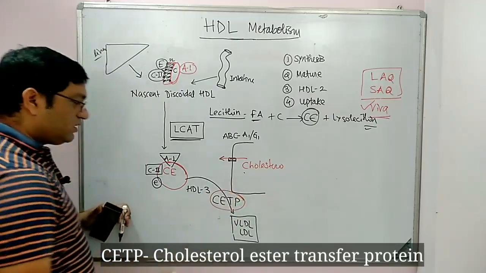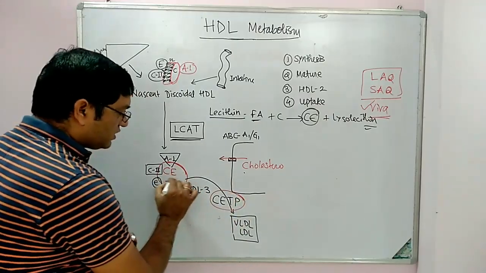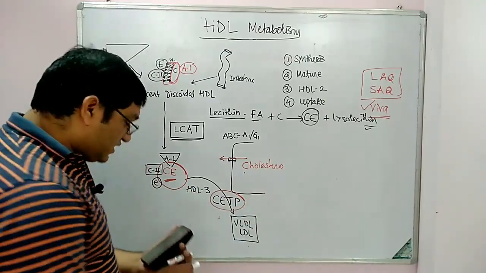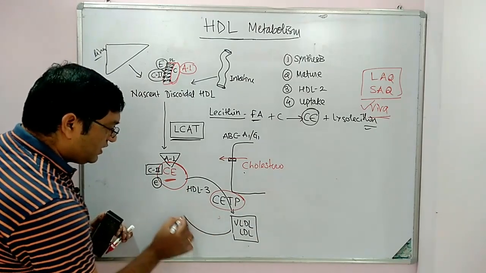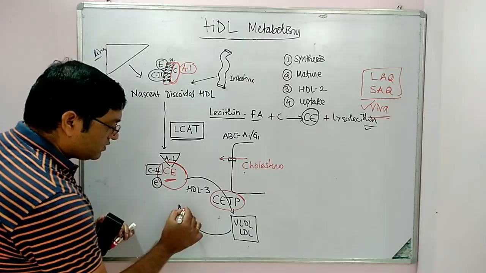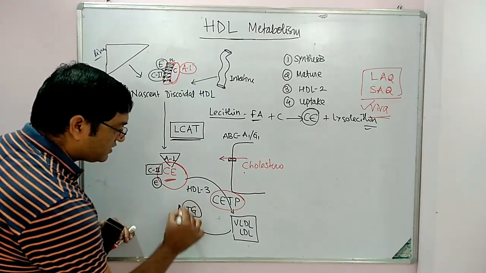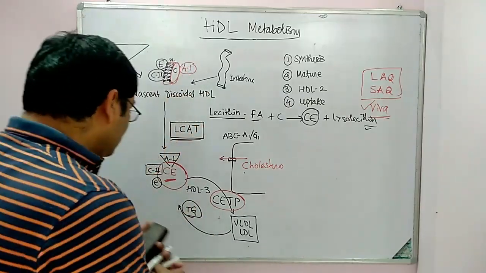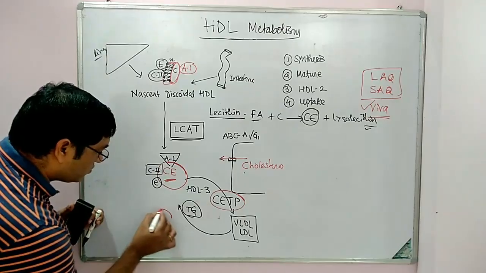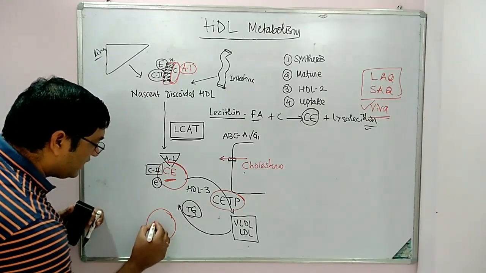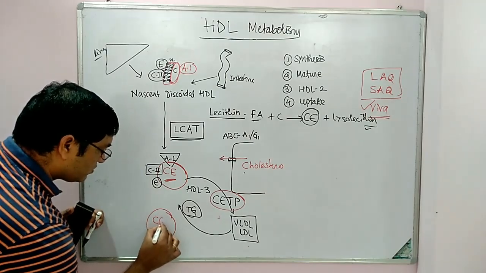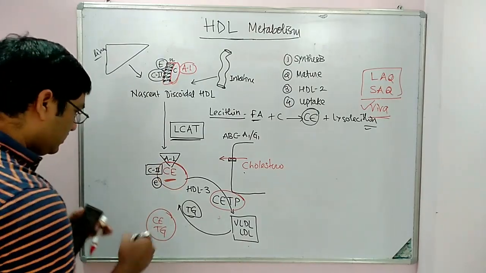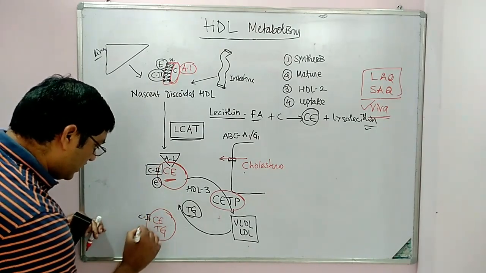With the help of this protein, there is transport of cholesterol ester from HDL to other lipoproteins in exchange of TG, triacylglycerol, and it results in the formation of a particle with more amount of TG as compared to HDL3.